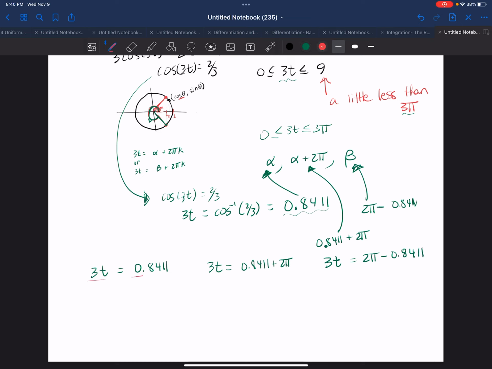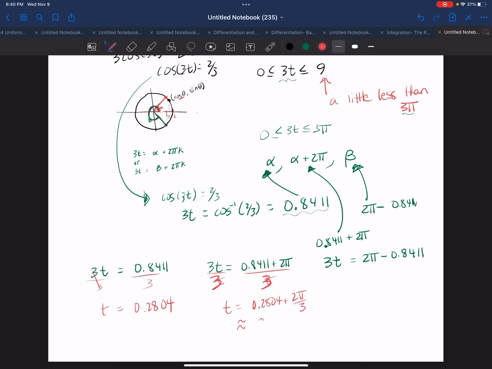If I divide both sides by 3, the first is going to be t equals 0.2804. For the second, I divide by 3, so t equals 0.8411 plus 2 pi, over 3, and that will be approximately 2.3748.